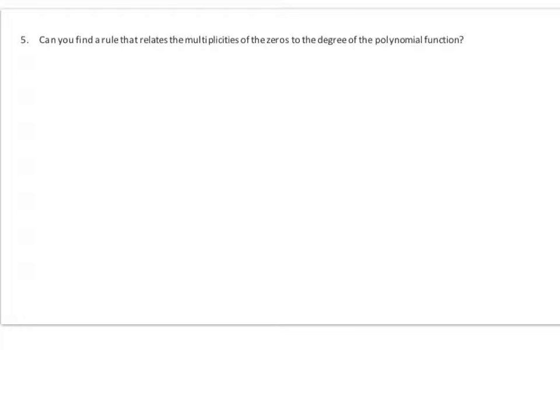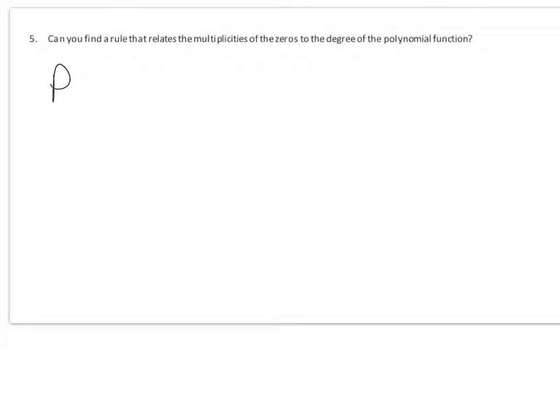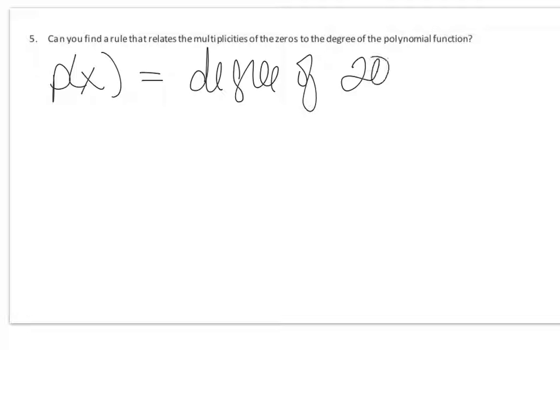Can you find a rule that relates the multiplicities of the zeros to the degree of the polynomial function? If you remember, P of x had a degree of 20, and 20 solutions.